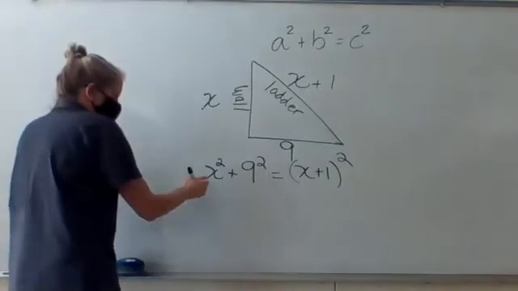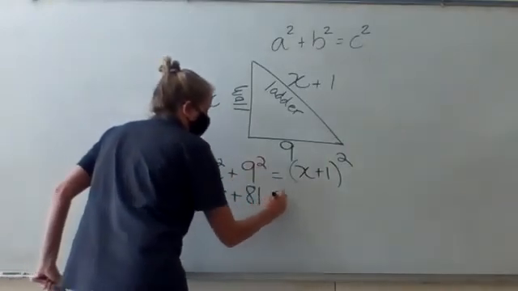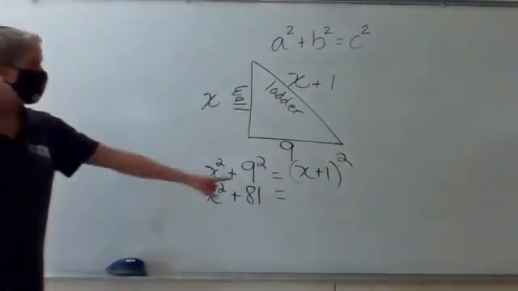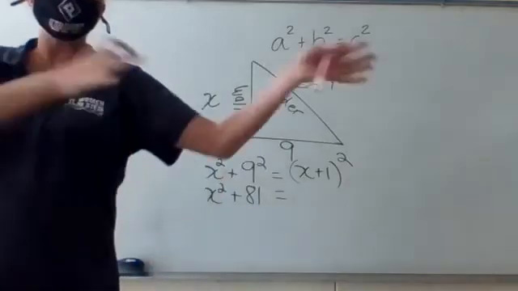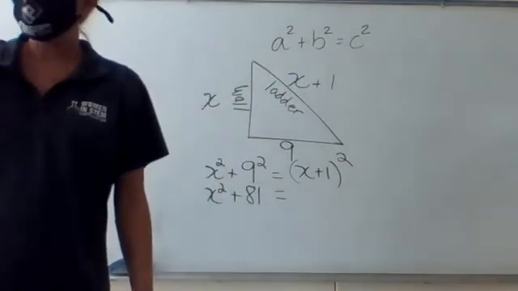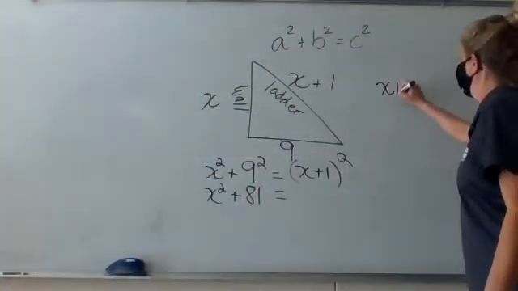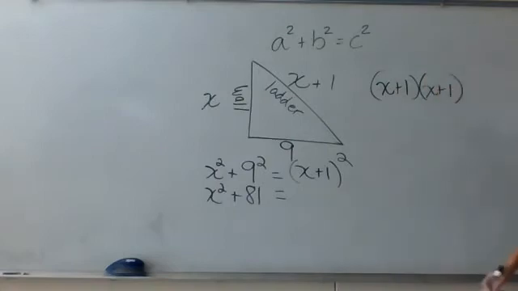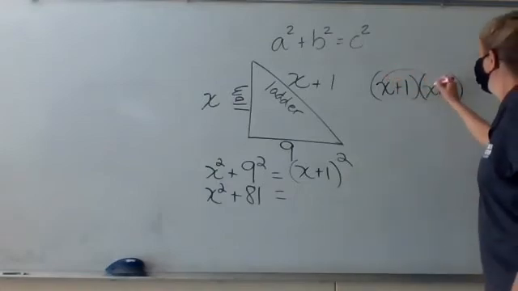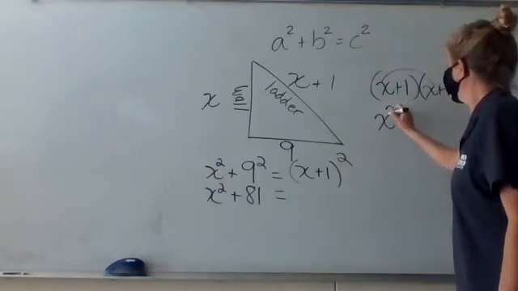Let's start working this. x squared plus 9 squared is 81. Now, just like I did on that last one when I had to square the x plus 7, I went over to the side because I knew I was going to have to FOIL that. That's what I'm going to do now. I need to figure out what x plus 1 squared is, which means x plus 1 times itself. So I'm going to FOIL this. My first, x times x, gives me x squared.